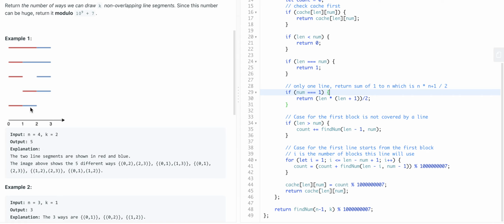And then it is 1 plus 2 plus up to n. So we just return length n multiplied by n plus 1 divided by 2 if num equals 1. So that's the easy one.